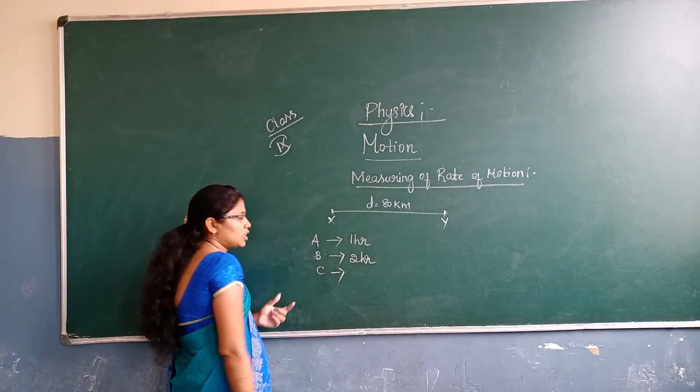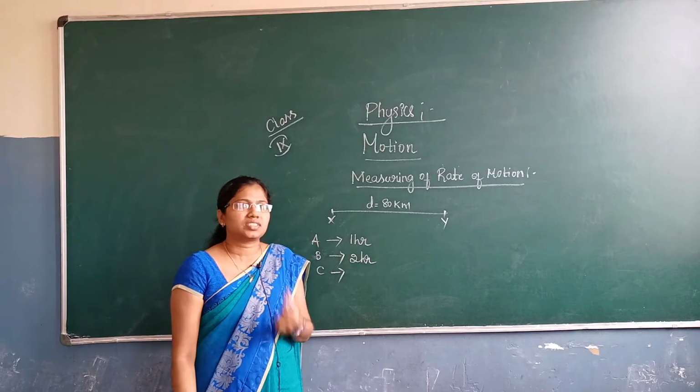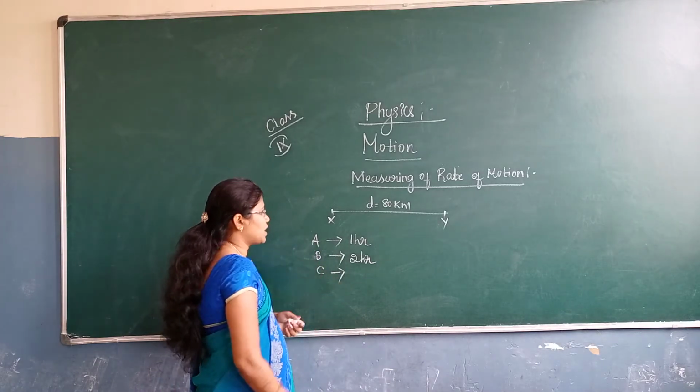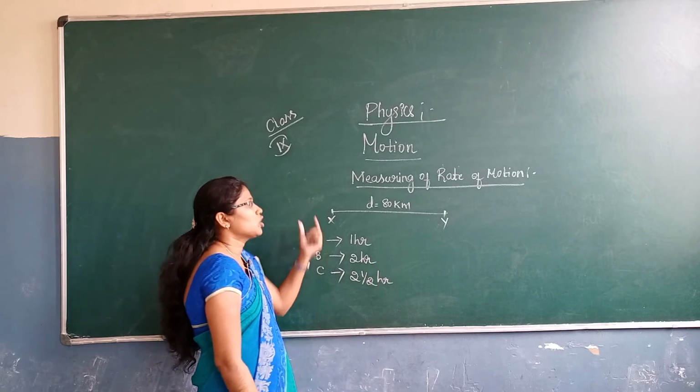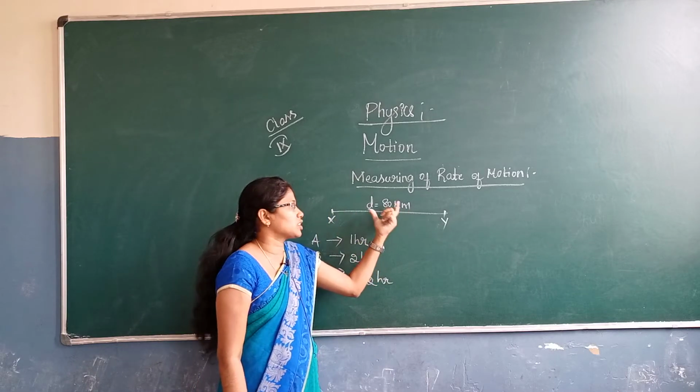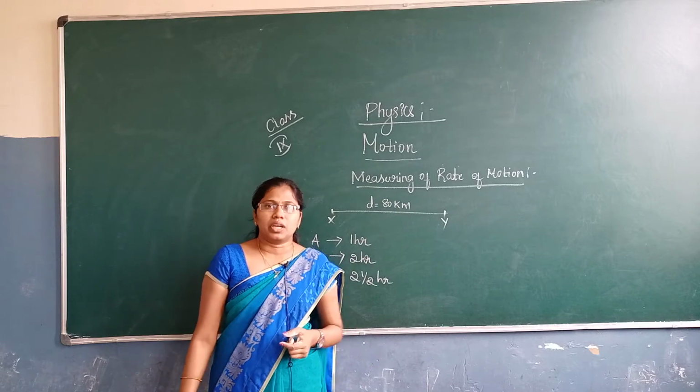Next, let us take another person, C. This person has taken 2.5 hours to cover the same distance, that is 80 kilometers.